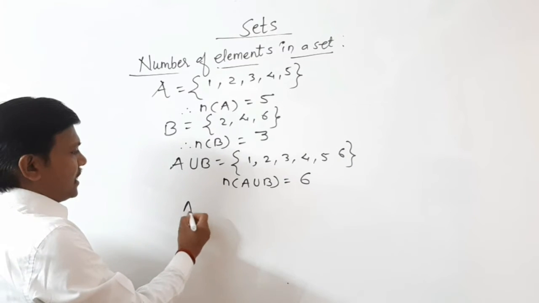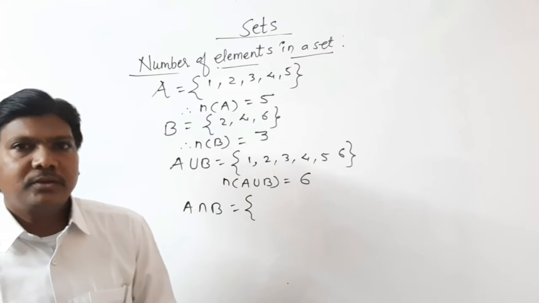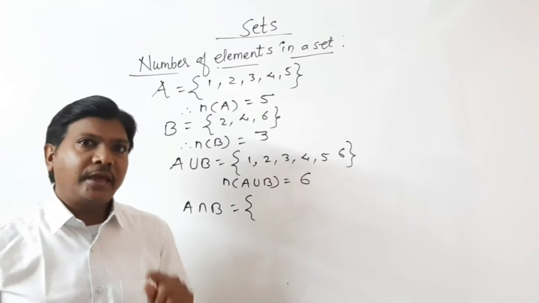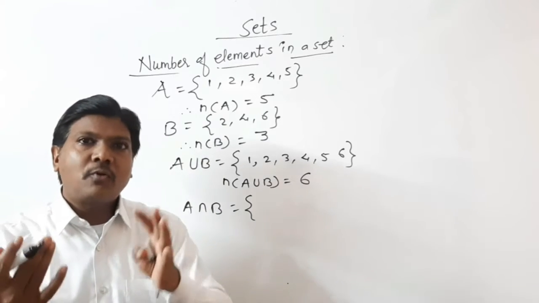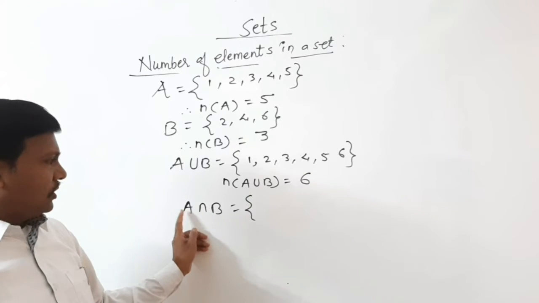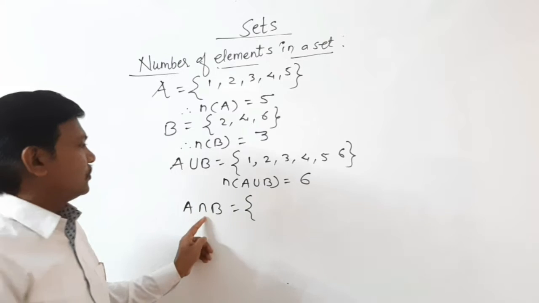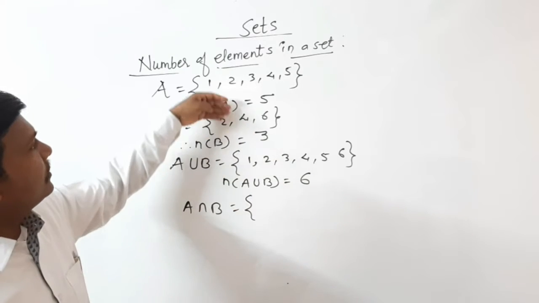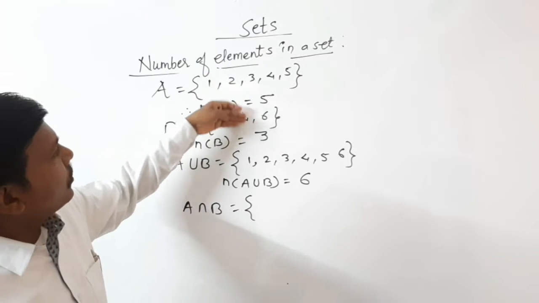Then find A intersection B. A intersection B is a set of all x such that x belongs to A and x belongs to B. Means common elements of set A and B, that is the intersection. We read this as A intersection B and this is A union B. So here, which elements are in both? 2 and 4.